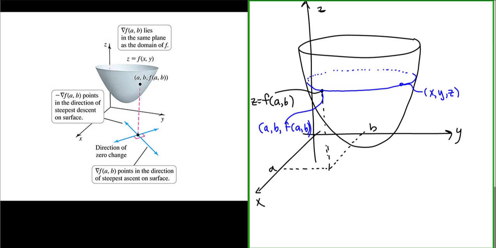So that center of the valley would mean that if we were to project our level curve into the xy plane, when we project that level curve into the xy plane, we see that if we were to evaluate the gradient of f at the point AB, that gradient being perpendicular to the level curve tells us the direction in which we would have our fastest descent in this situation.